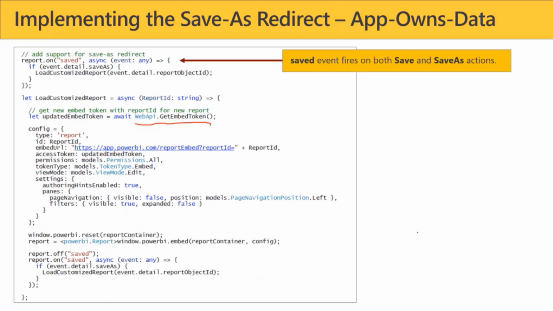And what you'll also see is that the saved event fires for both save and save as. So if either scenario is possible, we want to look at the event detail, make sure it's save as, and if so, load the customized report.